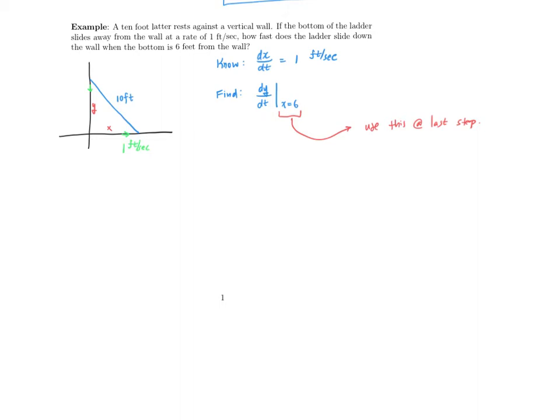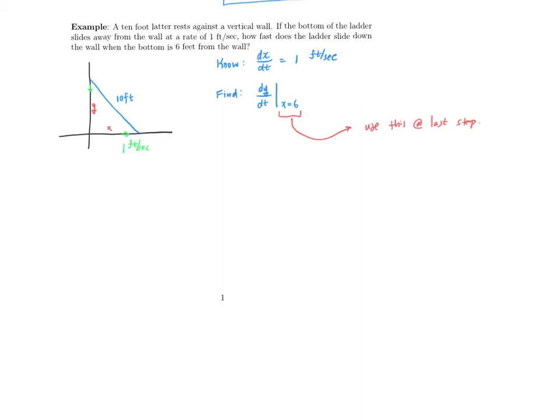What we now need to do is get that equation relating x and y. Because we know dx/dt and we want to find dy/dt, we need some equation relating those two variables so that we can differentiate it implicitly. And when it comes to determining this equation, which is going to be a difficulty related to these problems, we can really use anything from our past experiences related to geometry, trigonometry, algebra in general.